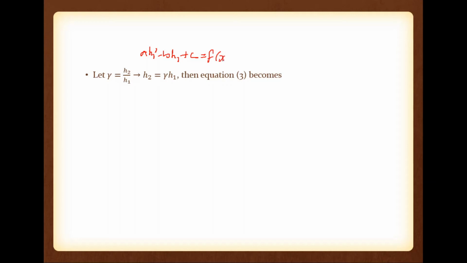So this is equation number 3. So we can modify this equation as a into gamma square h1 square minus b into gamma h1 plus c is equal to f of x2. So label it as equation number 4.